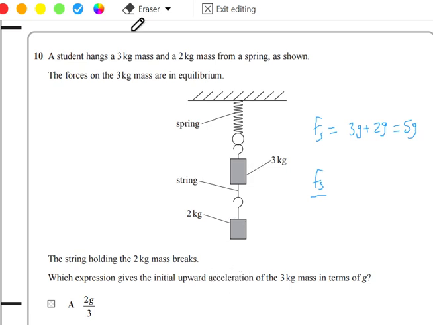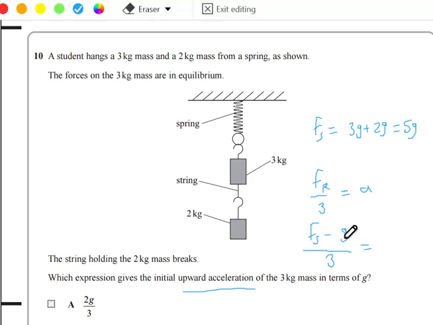the upward acceleration. Let me write it as F resultant on the 3 kilogram divided by the mass gives the wanted acceleration. F resultant is Fs minus the 2g, which is the weight that had been removed, over 3. This gives, sorry, not the weight that has been removed, I mean the weight that remained.